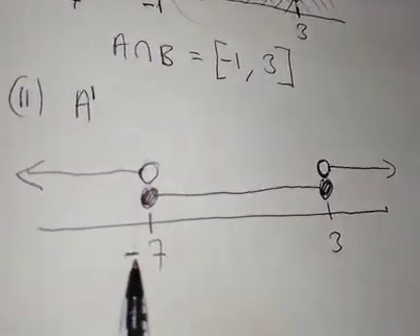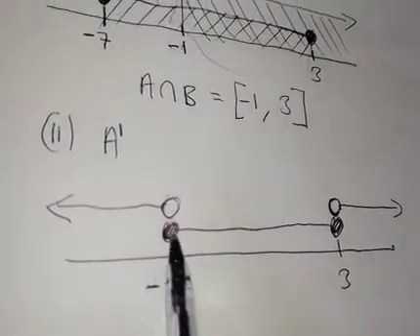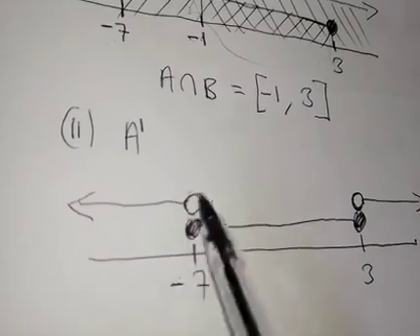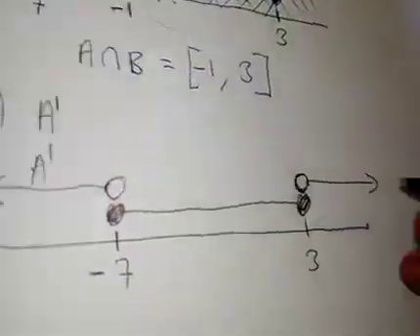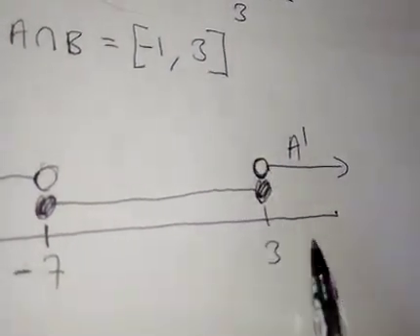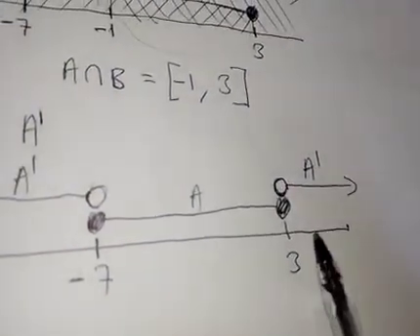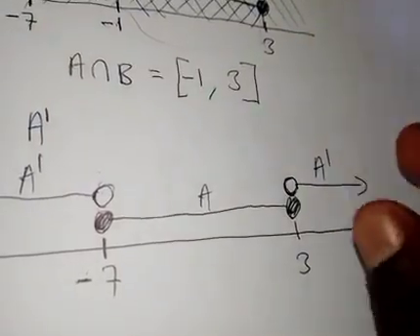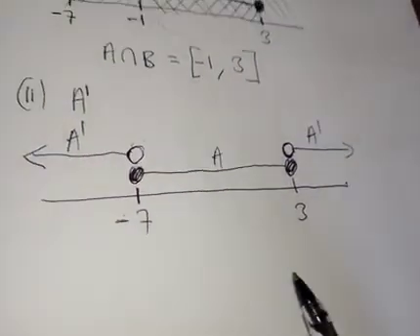Since negative 7 is shaded, it's already in A, so it won't be in A complement. Leave this circle open. Likewise 3 is already in A, so it won't be found in A complement. Leave that circle open.